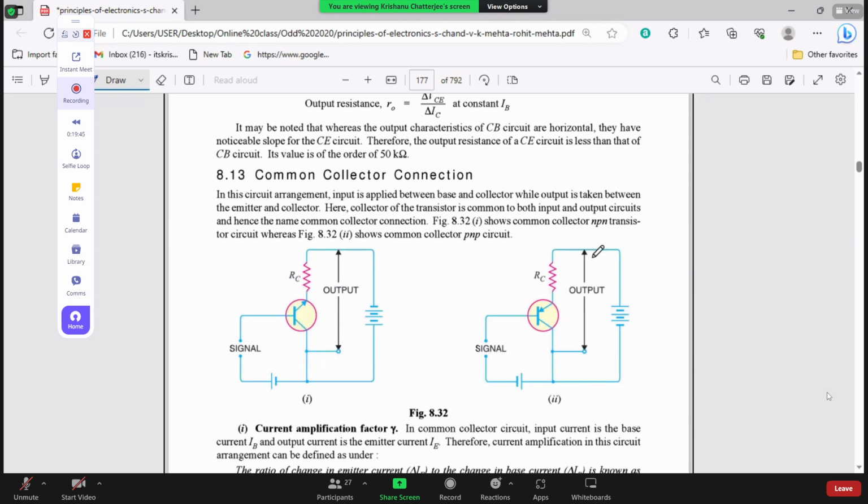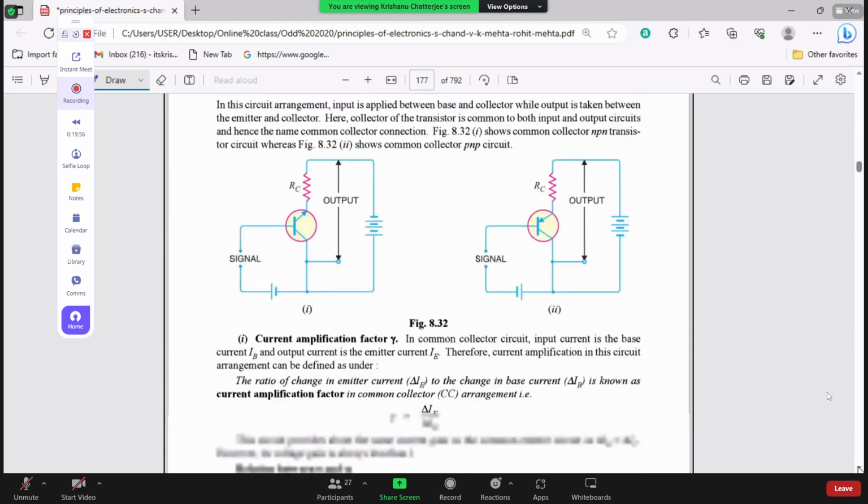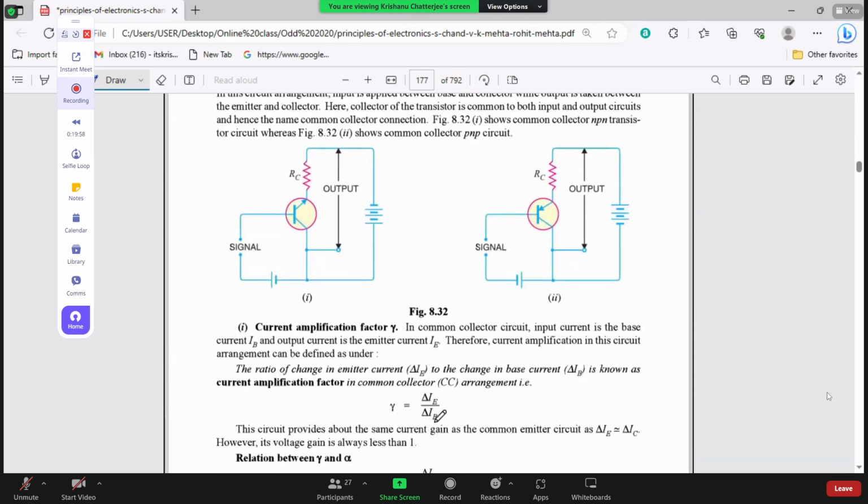So here also we have a current amplification factor, because the input current is IB and output current over here is IE. So change in IE by change in IB will be the current amplification factor in common collector arrangement, which is denoted by gamma.